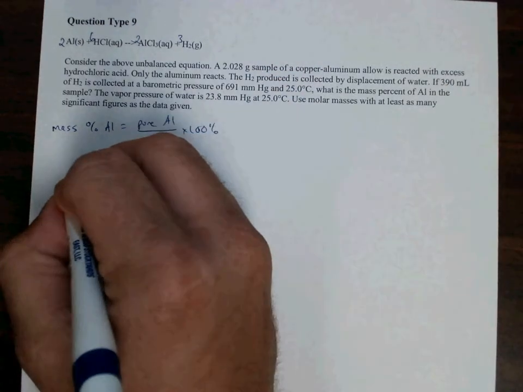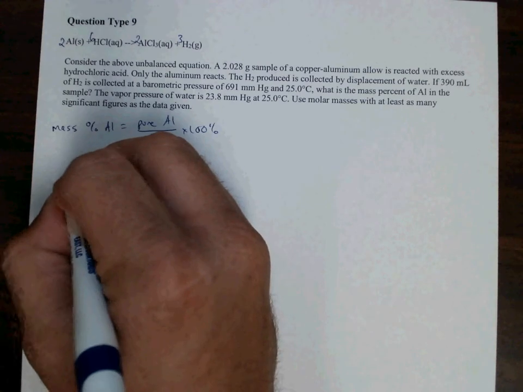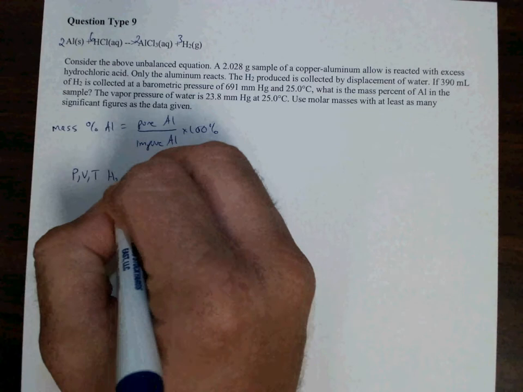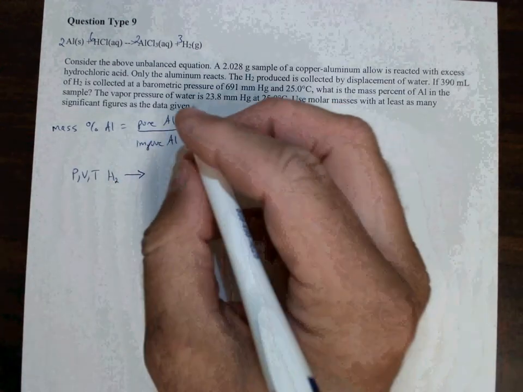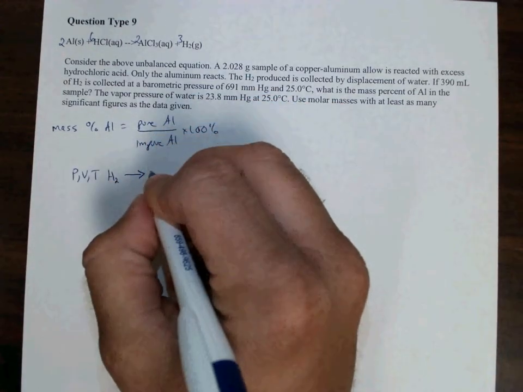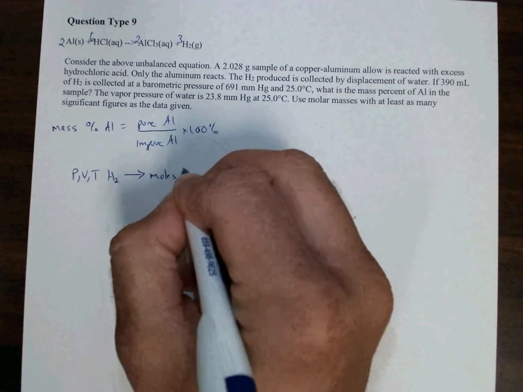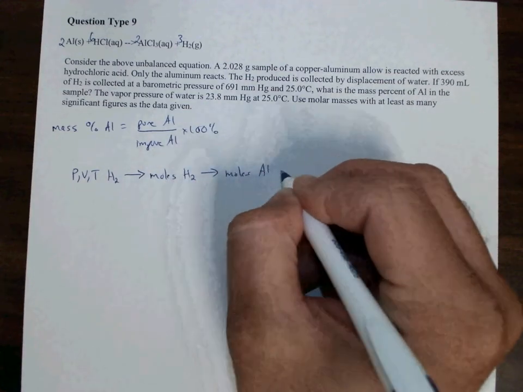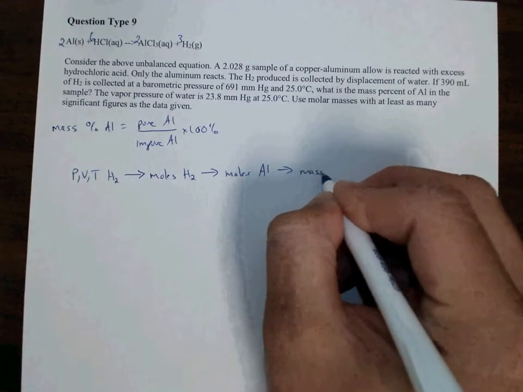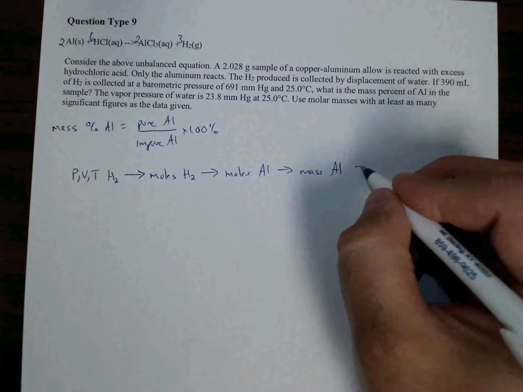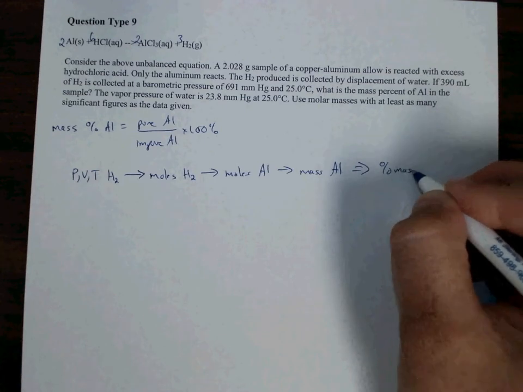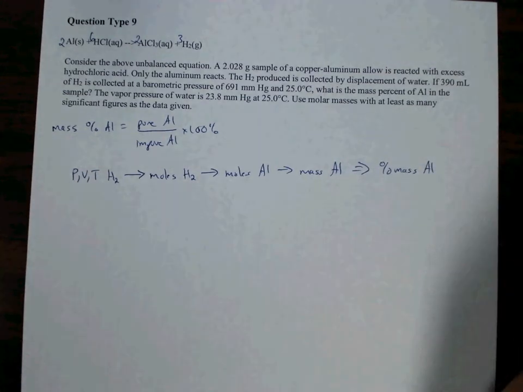So we need to go from pressure, volume, temperature of H2 to moles of H2 to moles of aluminum to mass of aluminum, and then finally to percent mass aluminum.